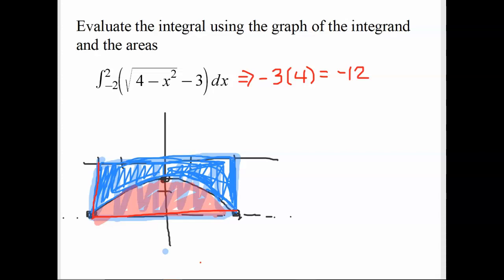So the area of the rectangle is -12. But I need to remove from it the area of that semicircle. So the area of a semicircle is 1/2 pi, the radius is 2 squared.